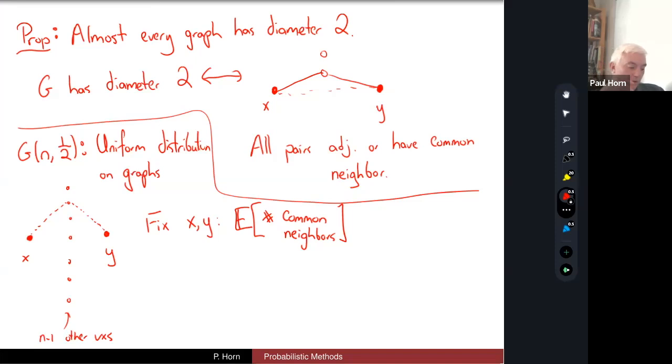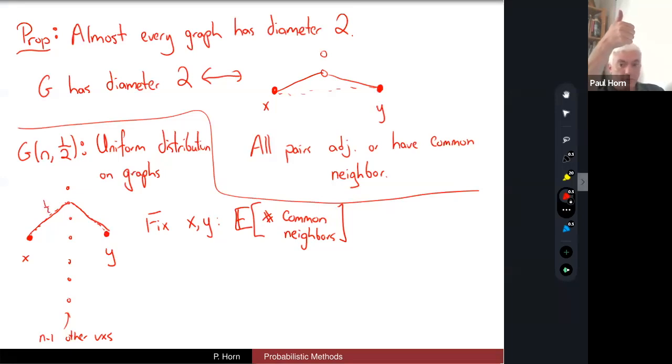So the probability that x is adjacent to them is 1/2. So Shiheen said 1/2, but I need both x and y, so I need 2 coin flips to be heads in order for them to be common neighbors of x and y. Did that make sense? So in order for them to be common neighbors, I need to have gotten heads twice. So actually the probability isn't 1/2, but rather 1/4. Did that make sense? Yes.